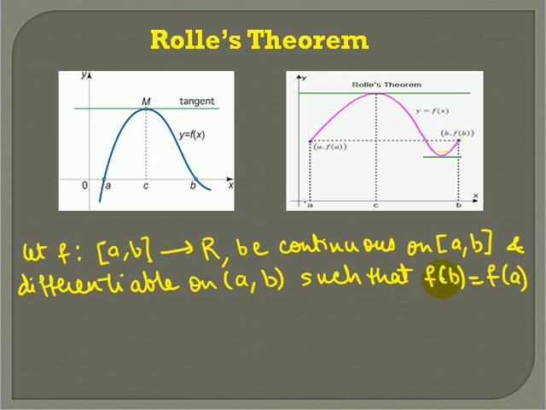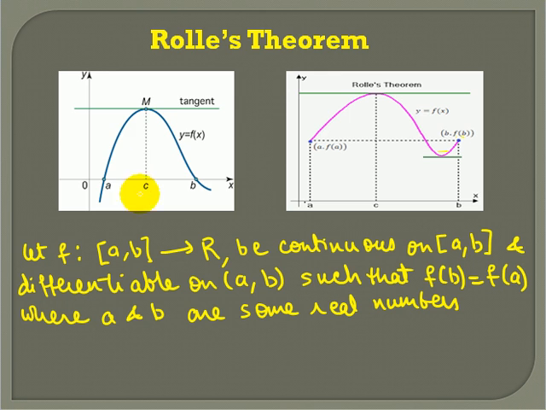Now under this condition, where a and b are some real numbers, you will find there will be a real number within this interval at which you will get a tangent which will be parallel to the x-axis. Now if these tangents are parallel to the x-axis, that means their slope will be equal to 0.